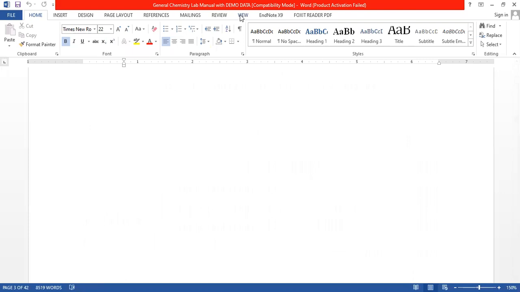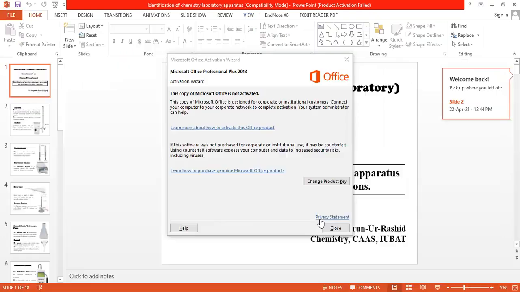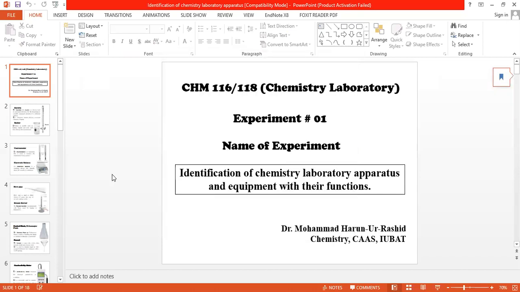Then our second part is the identification of lab apparatus with their function. This is also important because whenever you design or conduct an experiment, you must know which laboratory apparatus is used for what purposes.